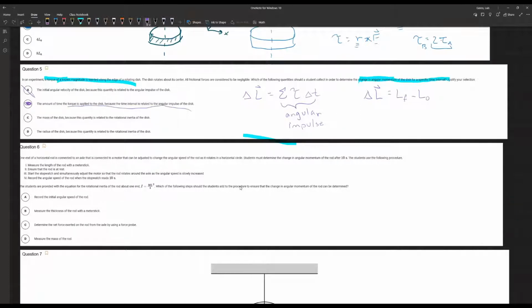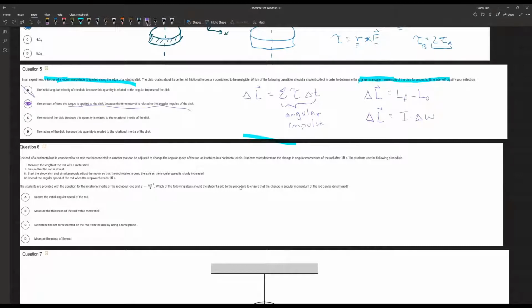C, the mass of the disk, because this quantity is related to the rotational inertia of the disk. Well, that is a true statement. Another way we can calculate the angular momentum is the rotational inertia times the change in angular velocity.